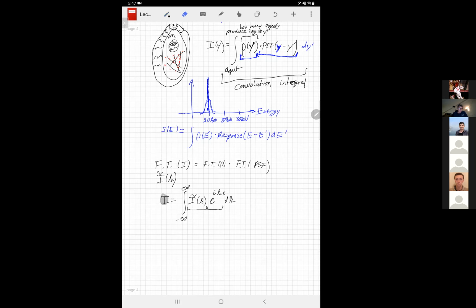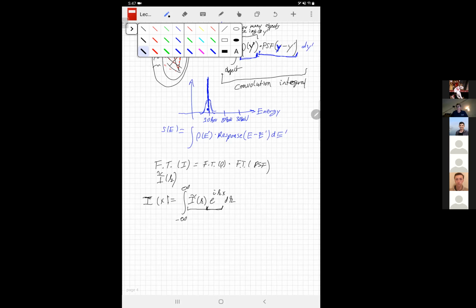So if I want to find the intensity at a point x, I can write it in terms of a bunch of sine waves.